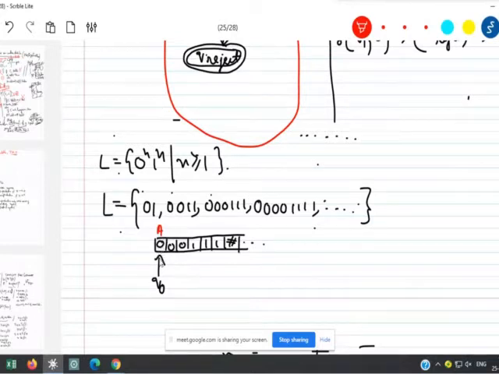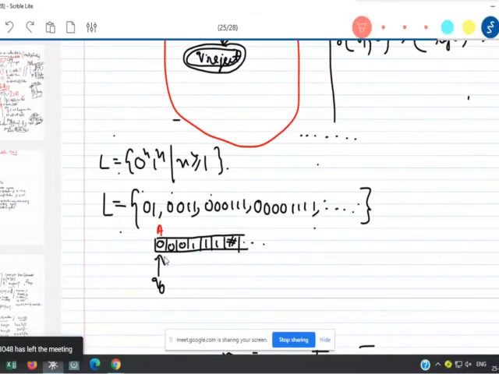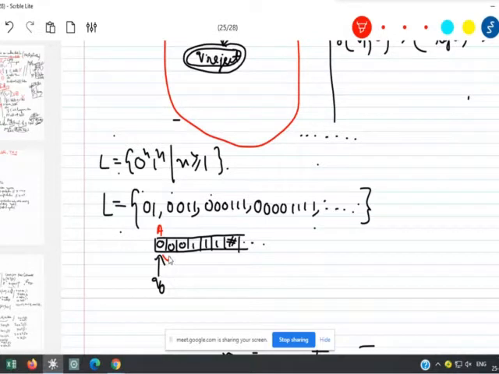After reading this 0 from the input tape and replacing it by the capital A, I'm going to move towards the right side. This read write head will keep moving right. If it finds 0, it won't change anything. Again it will move right, and if it finds 0, it won't change anything. After that it will move and find 1.